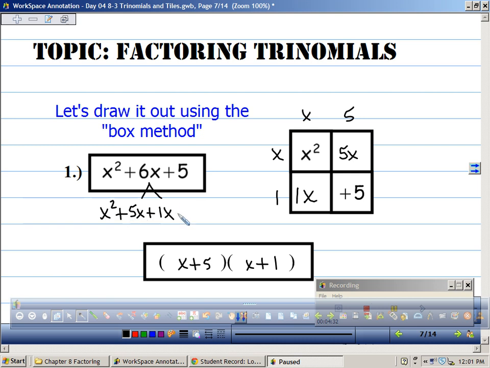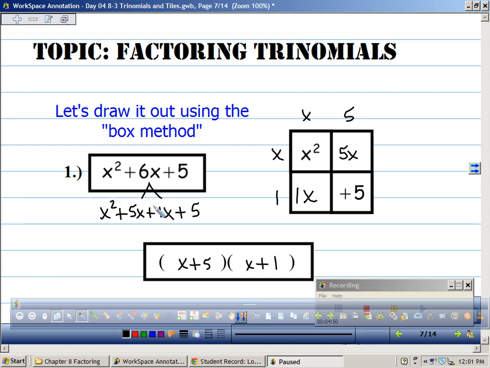Last week, didn't we call this factoring by grouping? When you have 4 terms like that, you just put them inside the box and factor. This is the same idea, only you have this term in the middle that you have to guess which 2 numbers make it up: when you multiply, you get 5, and when you add, you get 6. That sounds familiar.